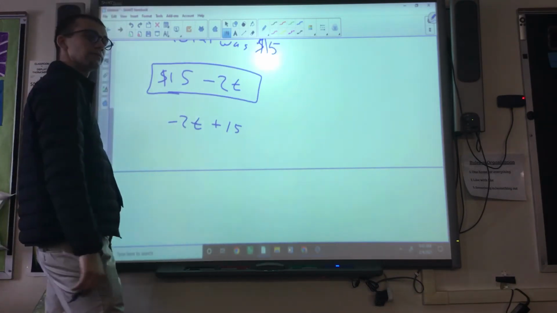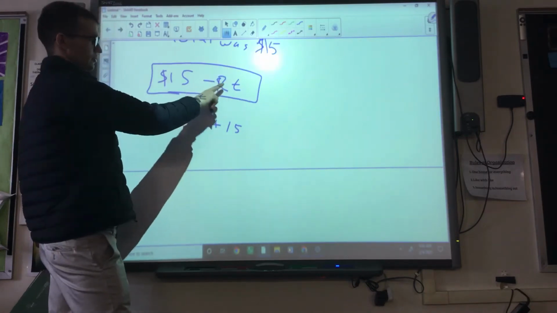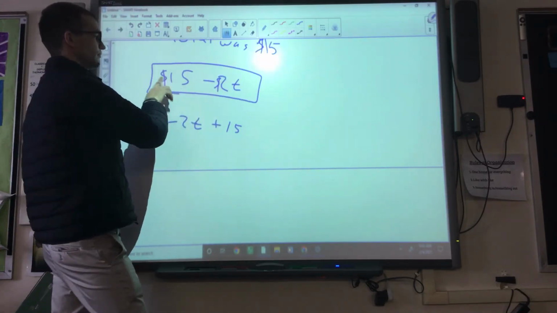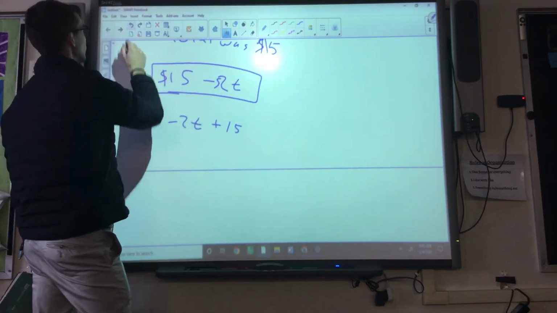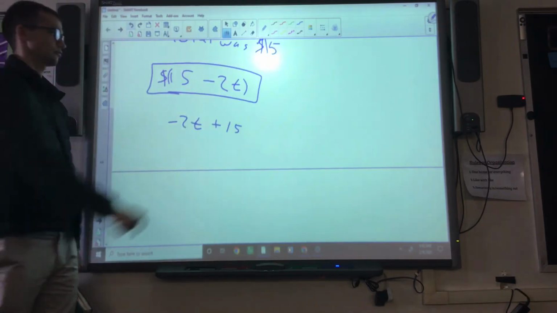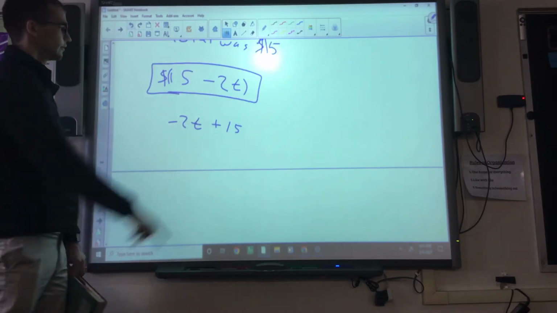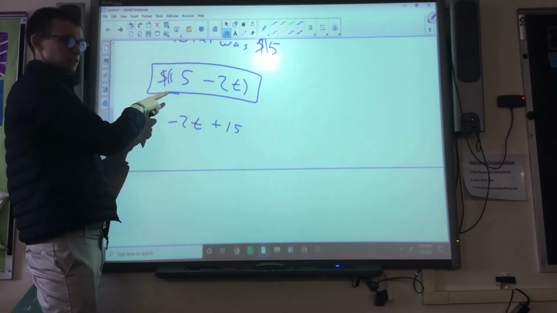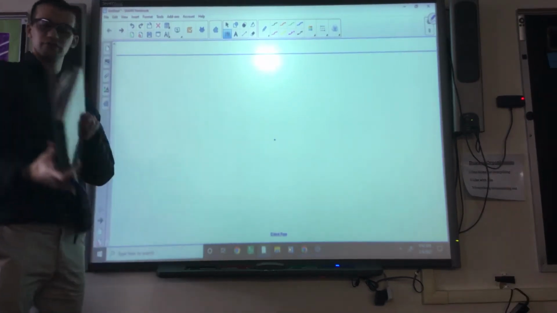So you can say, well, it's not in front of the negative, it's just that negative. $15 minus $2T. Or if you just want to make the whole thing way easier, put parentheses around it, because really you're doing 15 minus 2T and you're sticking a dollar sign on it. This is the best way, the easiest way. It's not wrong if you're going to put the dollar sign the other place. Your choice.